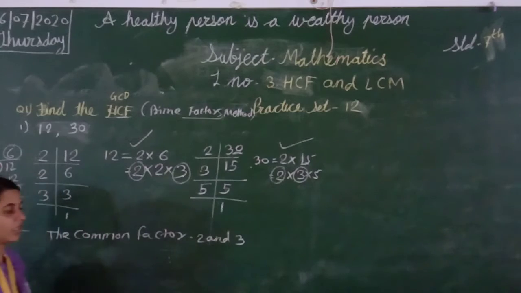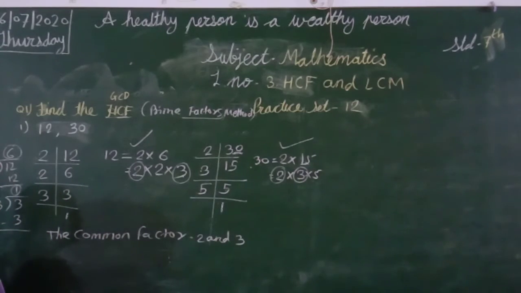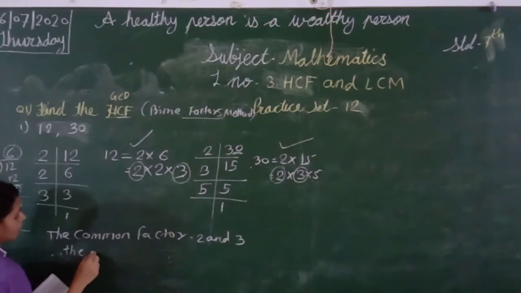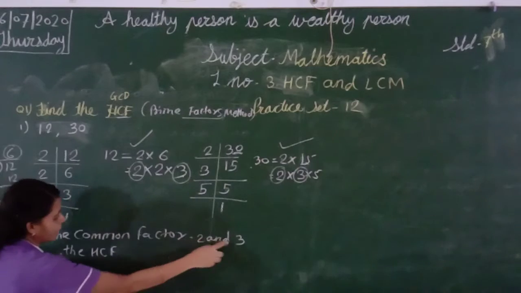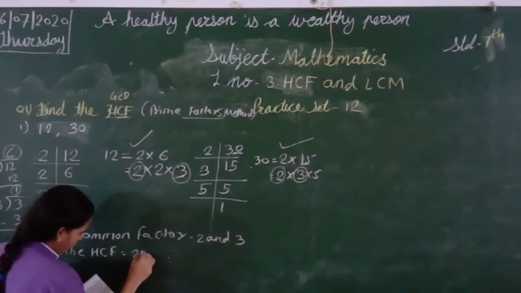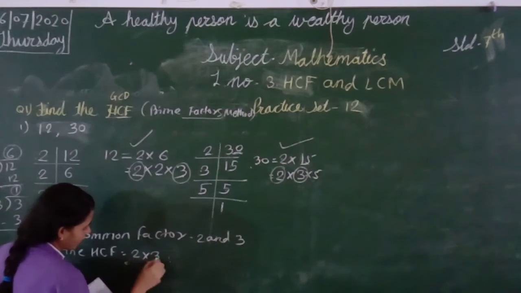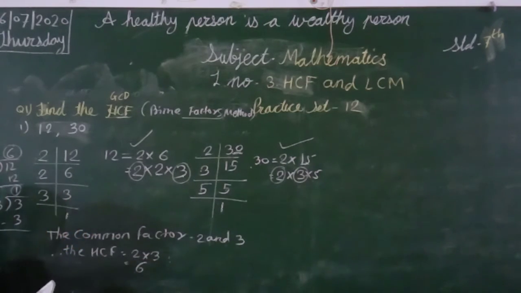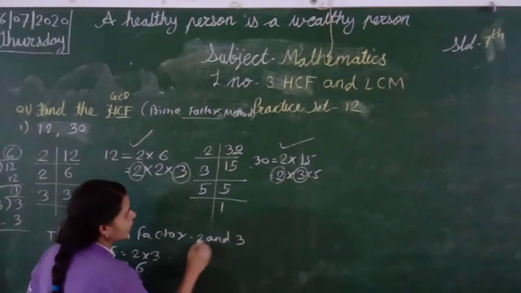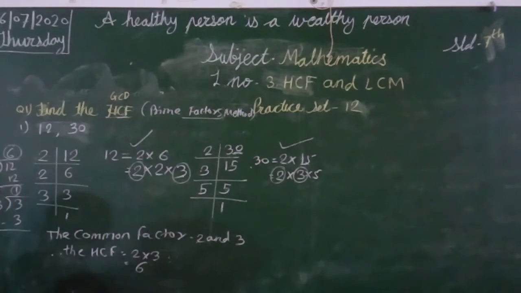Now take out the HCF: multiply these two numbers, 2 into 3, which is 6. So the HCF is 6. I hope you understood, students. The highest common factor is 6, and we have to multiply the common factors.